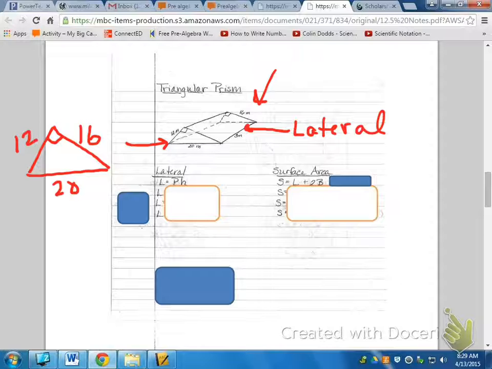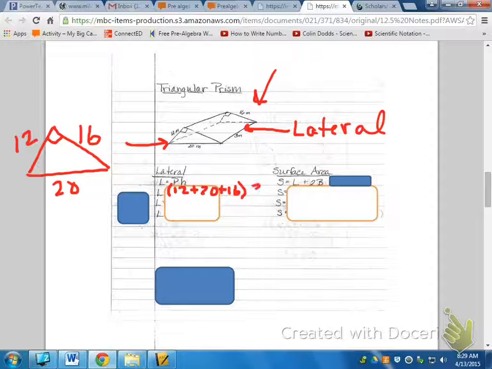Yeah. So in my formula, I'm going to put a parentheses, and we're just going to add up all the sides. We're going to say 12 plus 20 plus 16. That's the perimeter of my base. Now, what is the height of the prism? How far apart are the two triangular bases? Morgan?